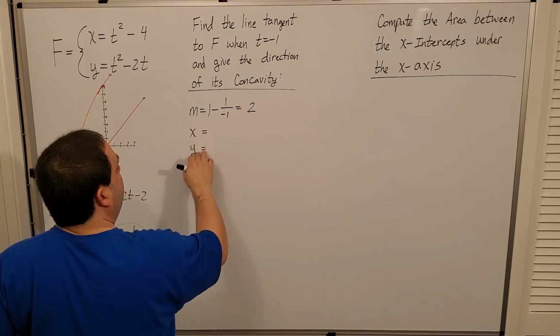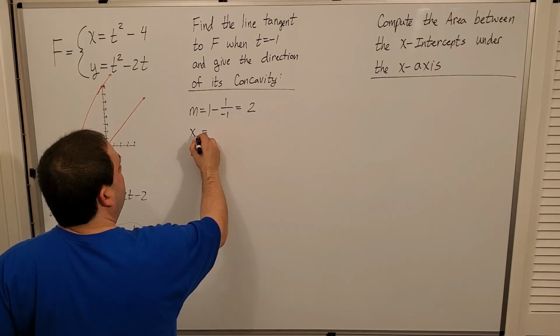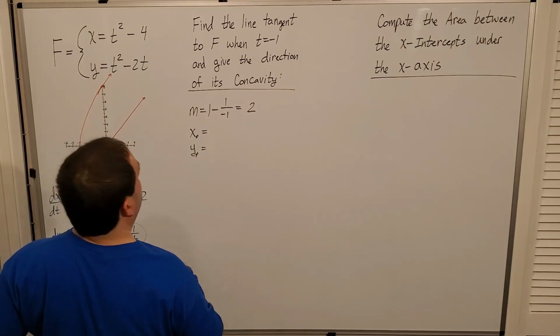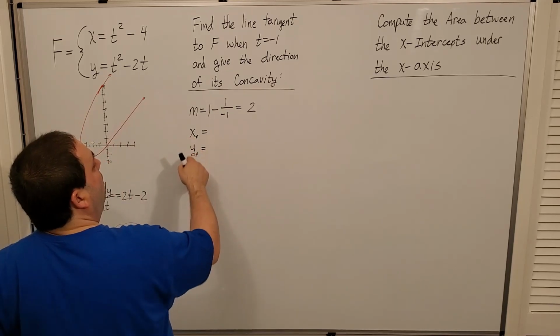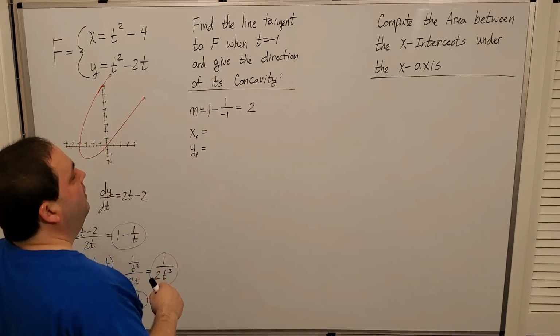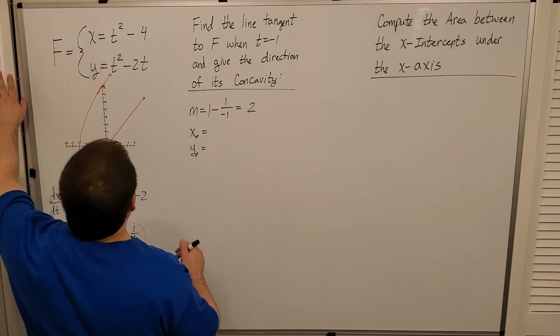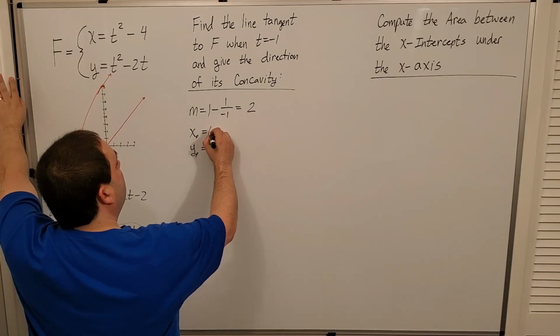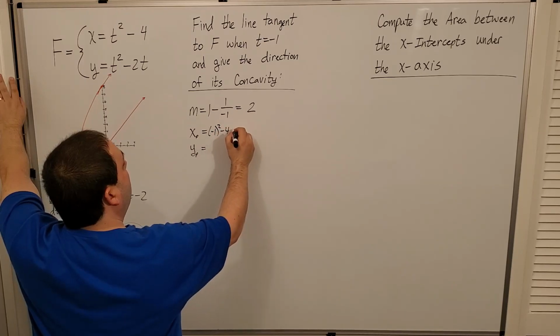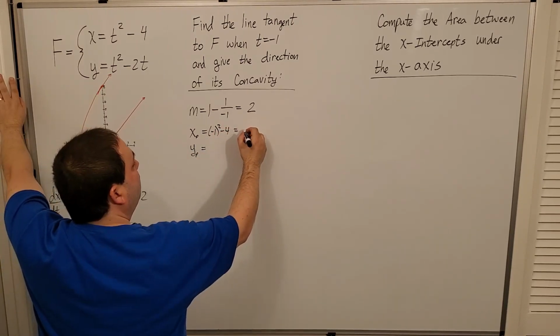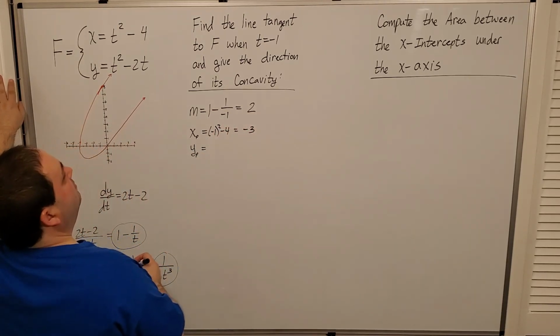I'll just say x sub p for point, right? So the x value and the y value here are going to be when t equals -1. So that gives me -1 squared minus 4. So 1 minus 4, of course, is -3.